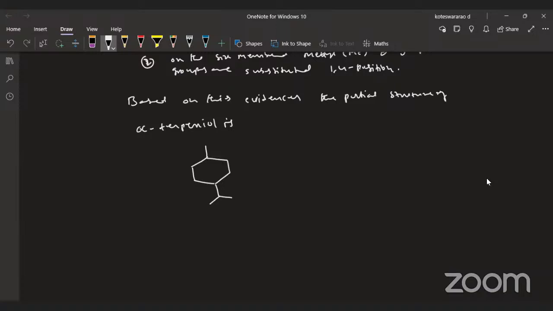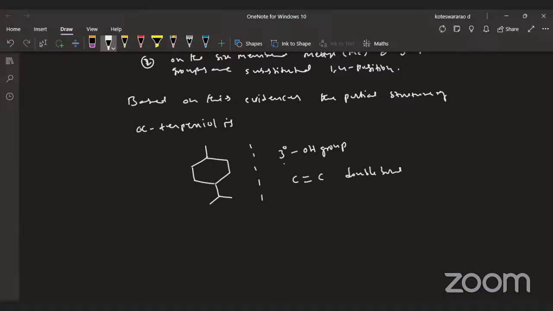Right. Next, from the previous reactions, alpha terpineol is existing with one tertiary OH group, we don't know the position, and one CC double bond. This is the partial structure. In this partial structure, we know the ring size and positions of the methyl and isopropyl groups, but we don't know the positions of the tertiary OH group and the C double bond, right?